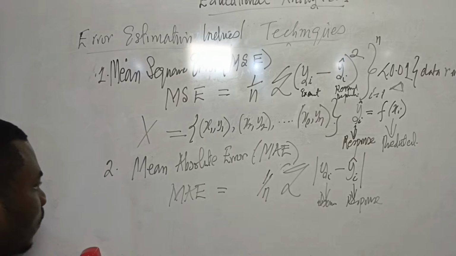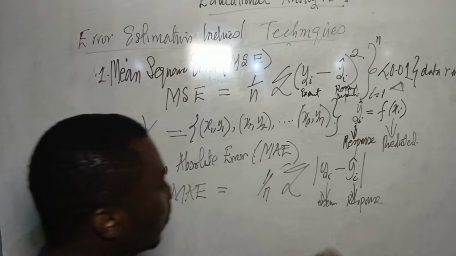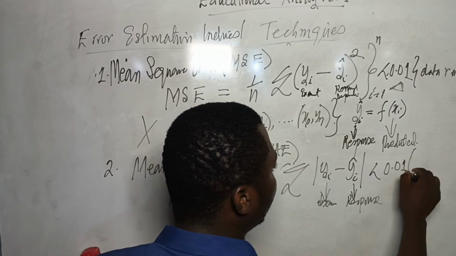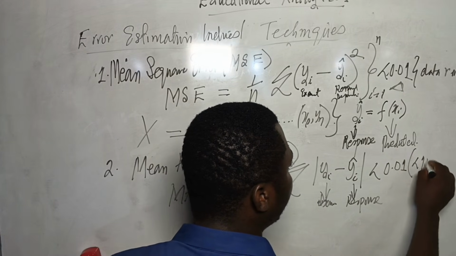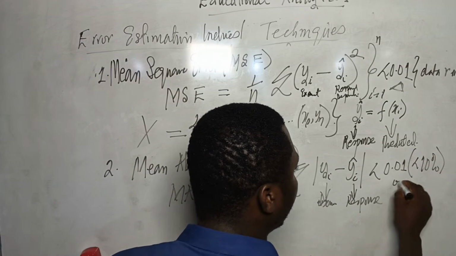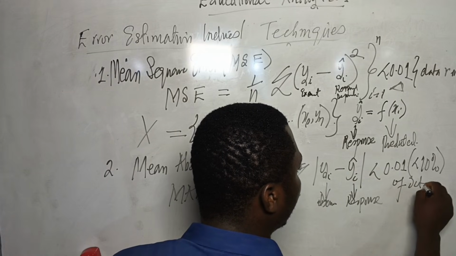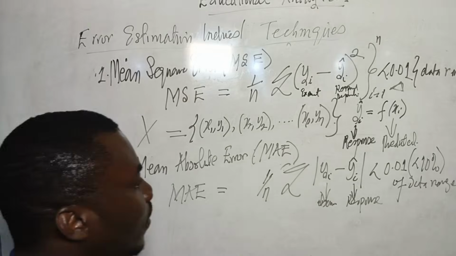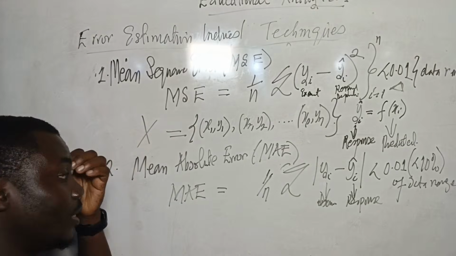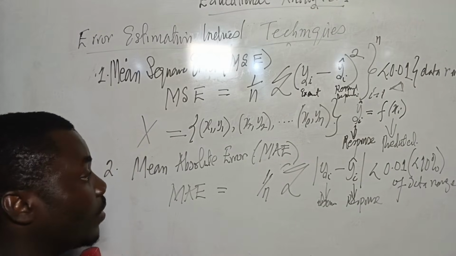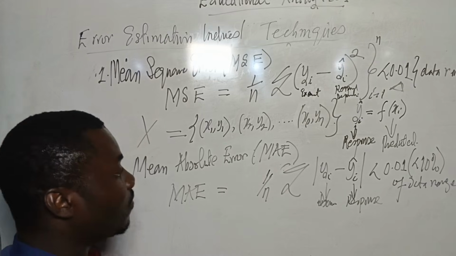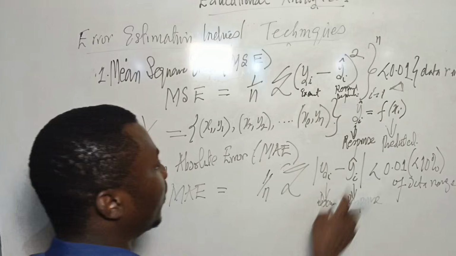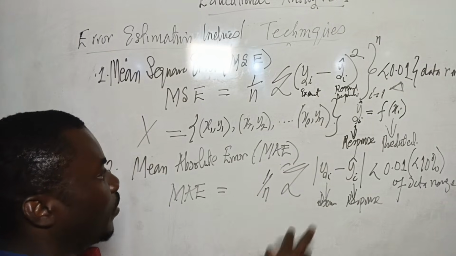Now, the threshold is that it should also be less than 0.1. Now, some people consider it to be just less than 10% of the data range. Now, if it is 0.01 or 10% of the data range, we now say that okay, the model is a perfect fit, be it a regression model, be it a machine learning model.